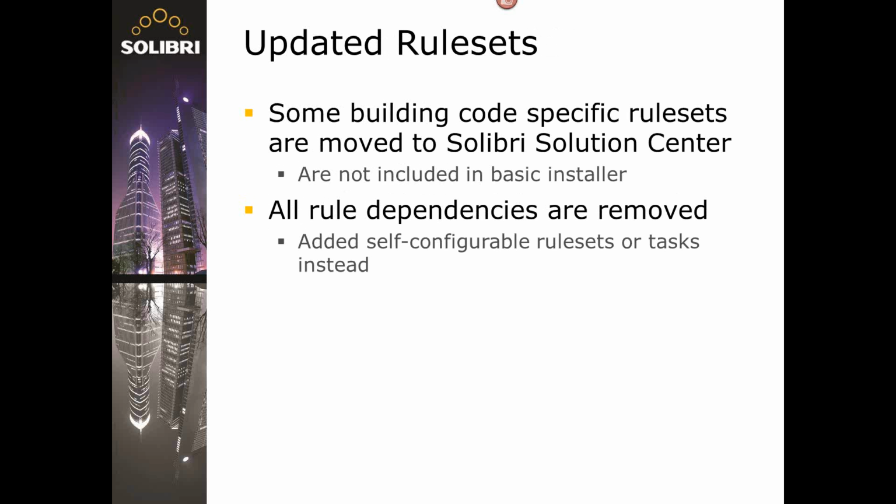We have updated some rule sets. First of all, the dependencies of the rules inside rule sets have been removed, because those gatekeeper rules can take care of that in a more intelligent way. And some of the rule sets have been removed from the default installer. For example, all US-based building code specific rule sets are not included in the installer anymore, but you can find them from the Solibri Solution Center.